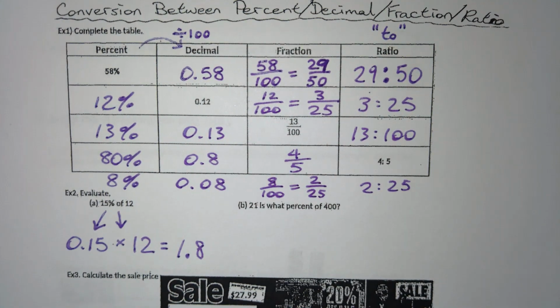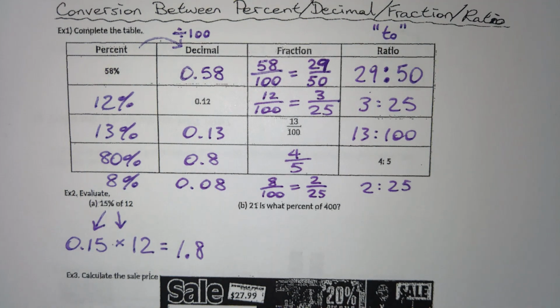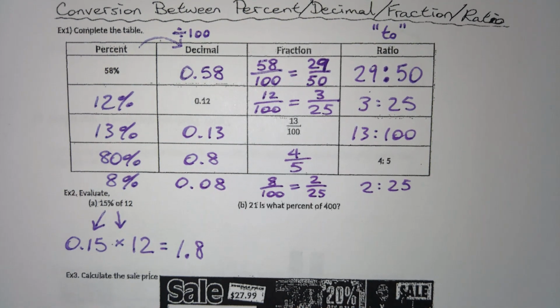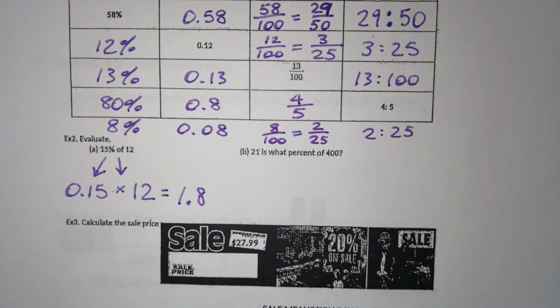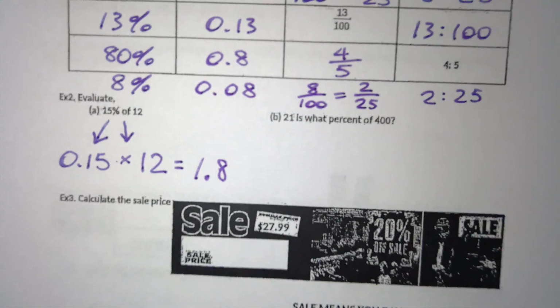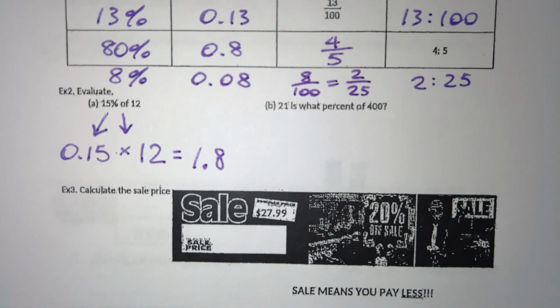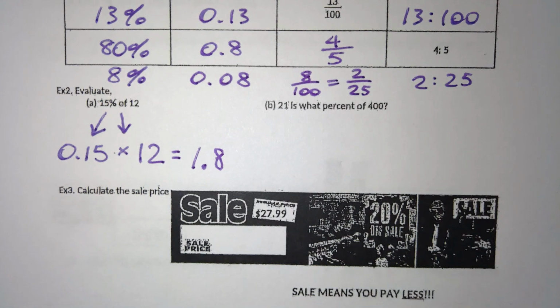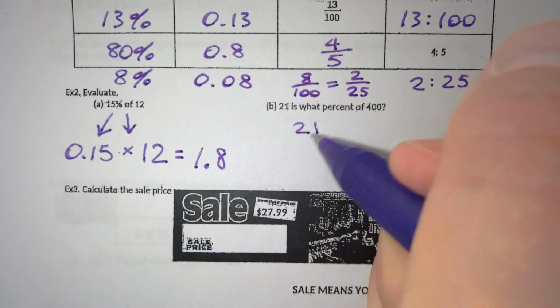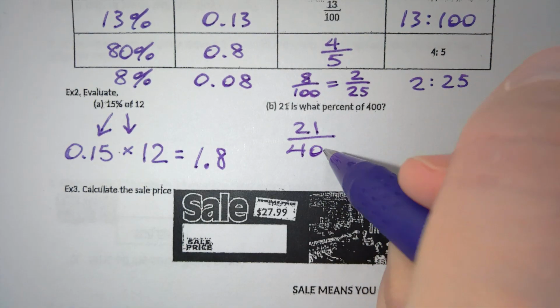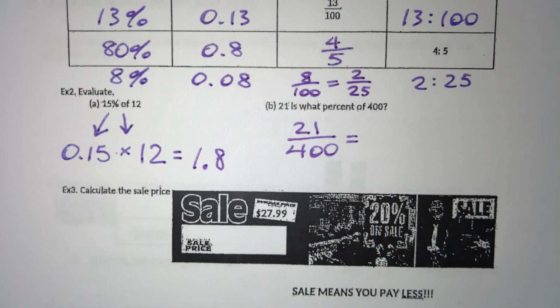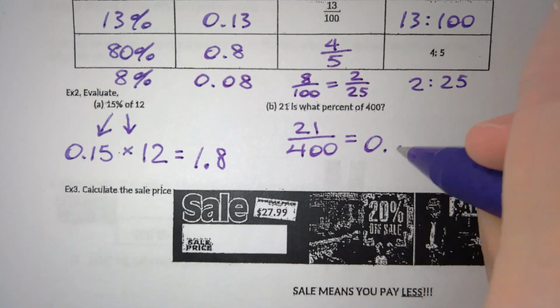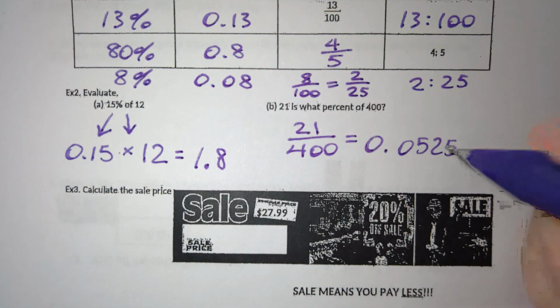Okay. And then B, 21 is what percent of 400? Okay, so the wording sounds really weird. All it's asking you to do is calculate the percentage. So you're actually just doing 21 over 400. 21 divided by 400, you get 0.0525.